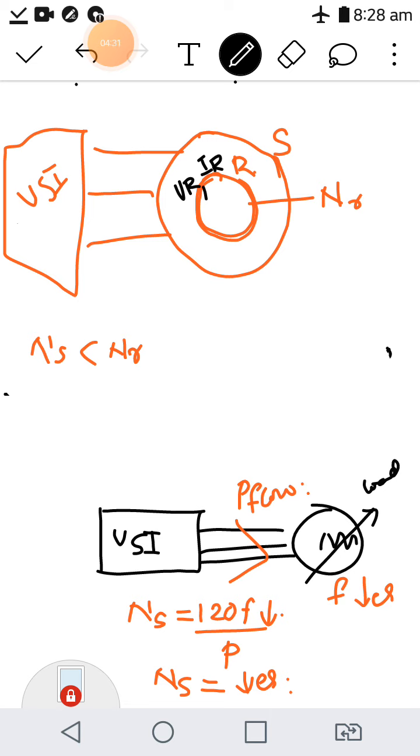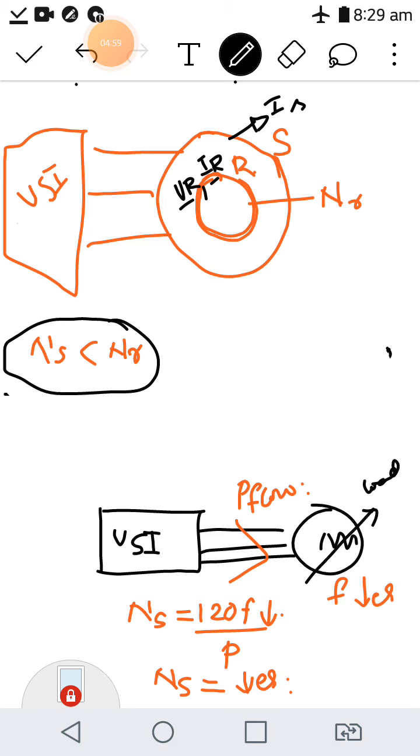As a result, the component of the stator current also reverses, because the relative speed between the rotor conductors and the rotating magnetic field reverses when ns is less than nr. As a result, rotor voltage reverses, rotor current reverses, and the component of the stator current also reverses.